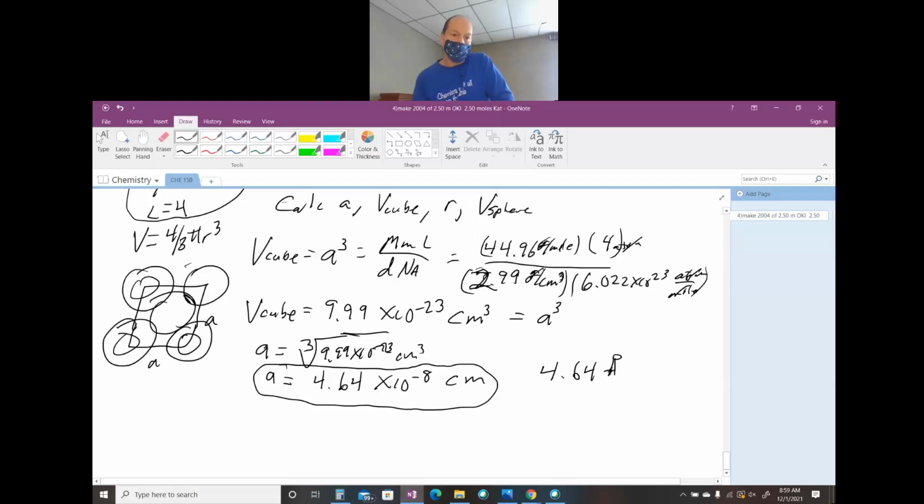Okay, so the key here is if you draw the picture correctly, you have 3 of these spheres, all the same radius. And so we're going through right here, we're going to use Pythagorean's theorem, where we have a squared plus a squared is equal to c squared, but the hypotenuse is 4 radiuses.